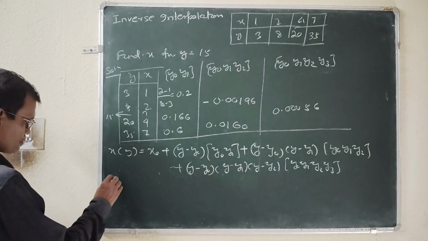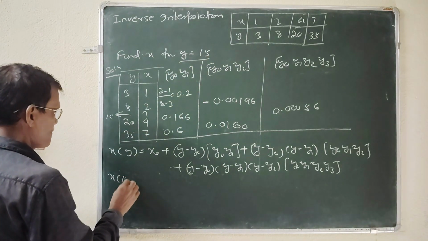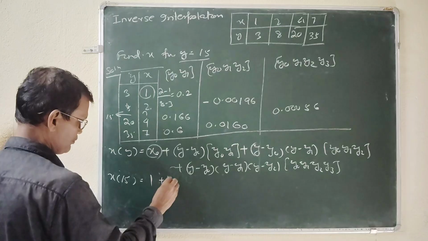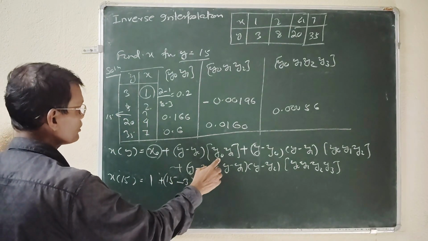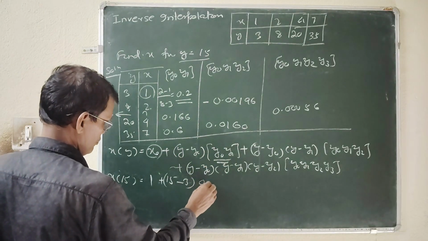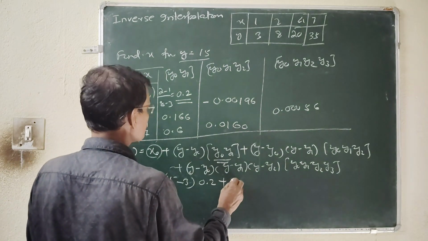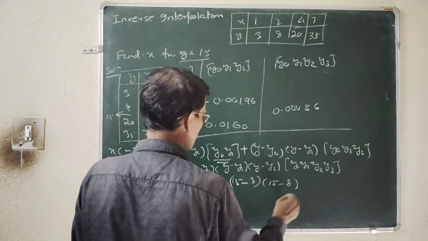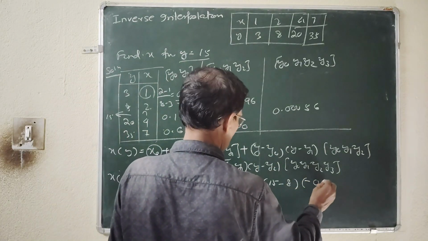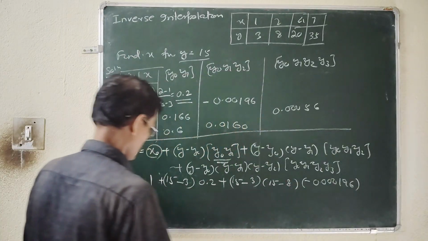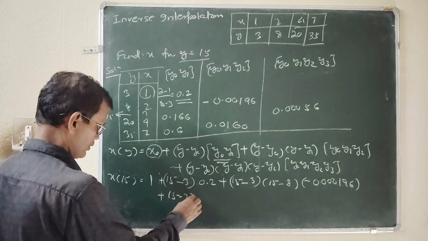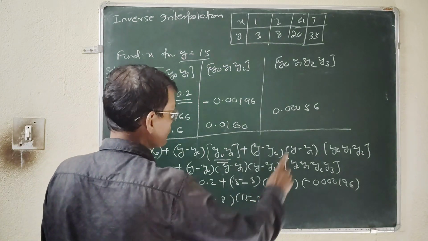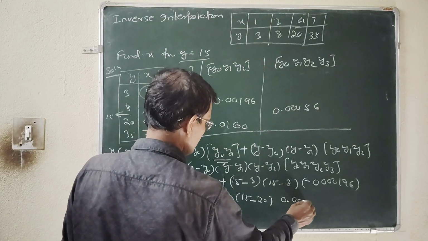Now we just put in the values, that is x of y. What is y? y is 15, that equals x0, which is 1, plus y minus y0, that is 15 minus 3, into the first order divided difference, 0.2, plus y minus y0, 15 minus 3, into 15 minus y1, which is 8, into the second order divided difference, that is minus 0.00196, then plus 15 minus 3 into 15 minus 8 into 15 minus 20 into the third order, that is 0.00056.